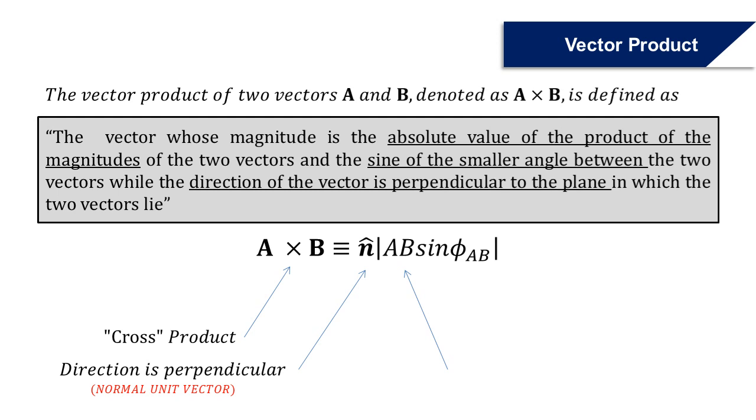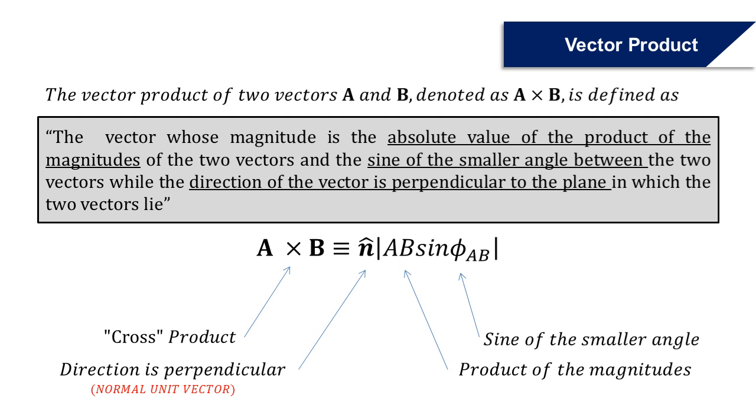And then, sinabi sa definition, the product of the magnitudes ng dalawang vector, and nandyan pa rin, of course, yung ating sine of the smaller angle. So, palagi nyo lang tatandaan itong formula na ito to define ano ba yung vector product or the cross product ng dalawang vectors A and B. Okay?